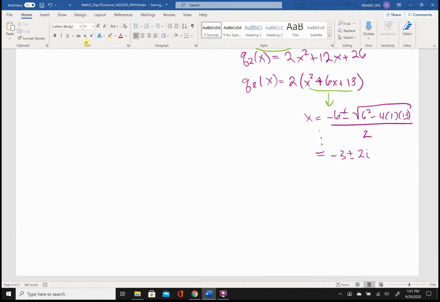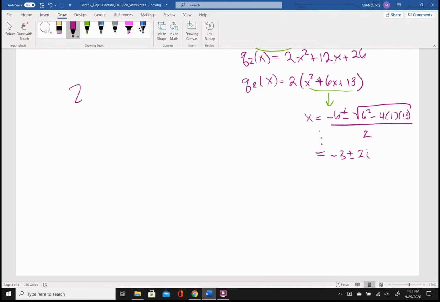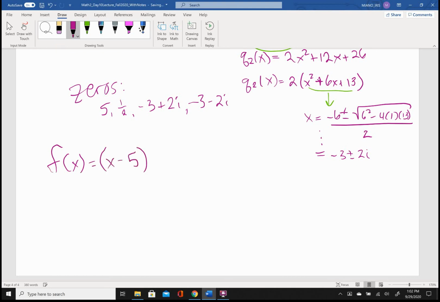So here are the zeros. Let me list them. They are 5, 1/2, -3 plus 2i, and -3 minus 2i. And then the factored form of the function is just take all of your zeros and put x minus that 0, right? x minus 5, x minus 1/2.